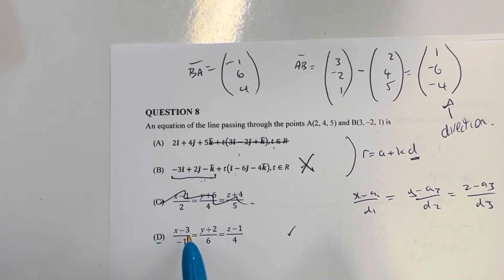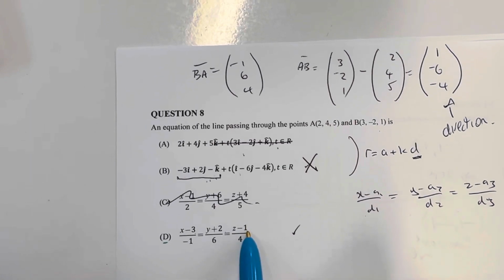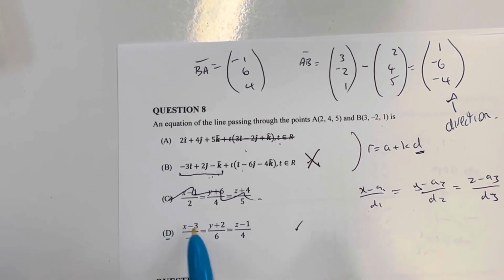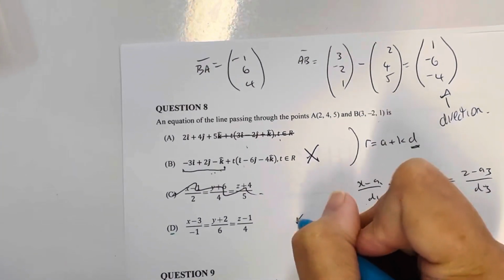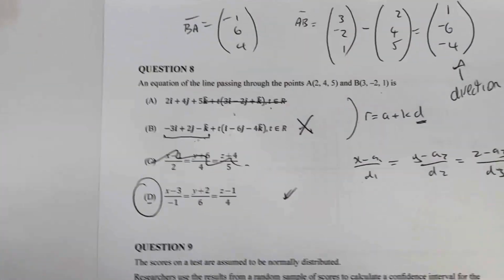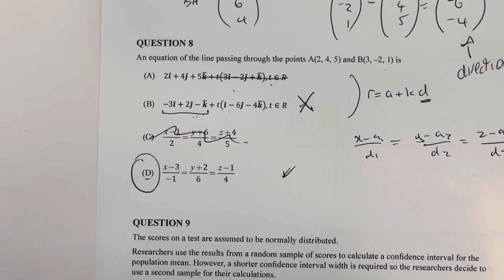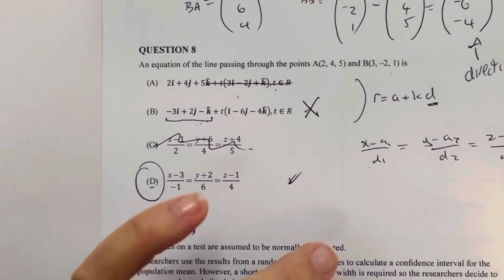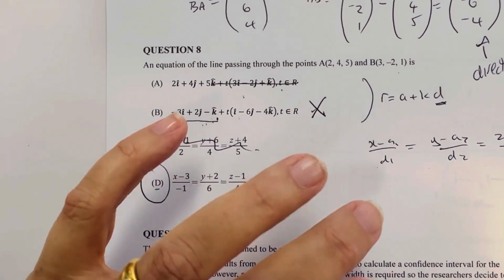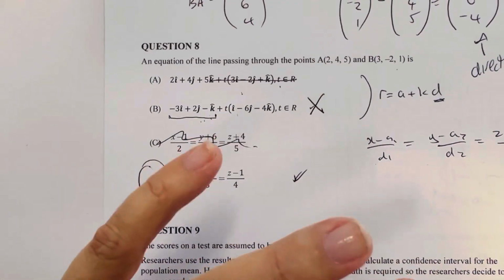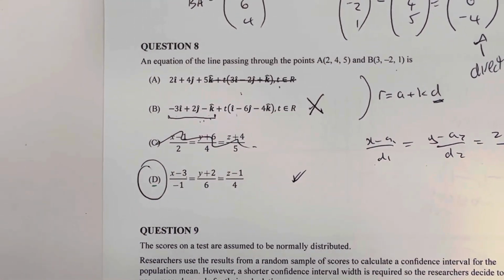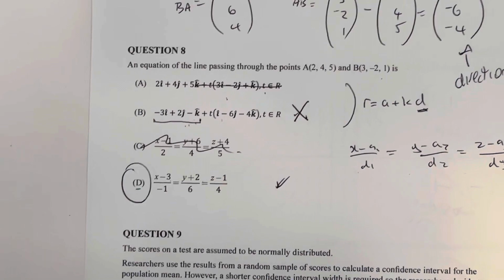But here, 3, negative 2, 1, because remember this is always X, take the A, the B, the C. That's going to be our answer, because it's got the correct point. So it was okay if the direction, the negatives were opposites, but not with the point. The point has to be exactly that point.